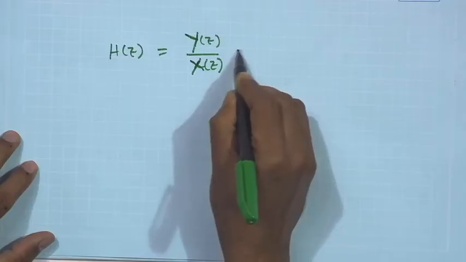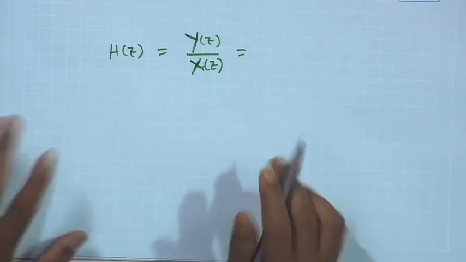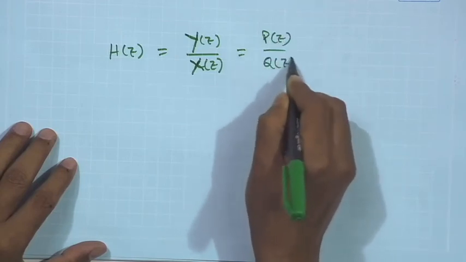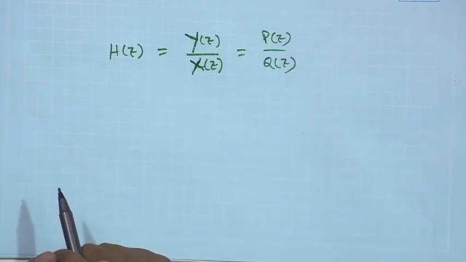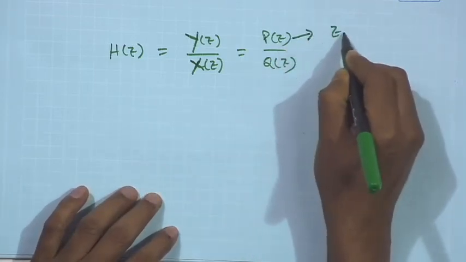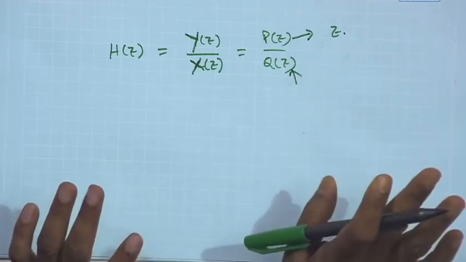This H(z) is nothing but a polynomial function, say P(z) by Q(z). The solution of P(z) provides the zero positions and the solution of Q(z) provides the pole positions.